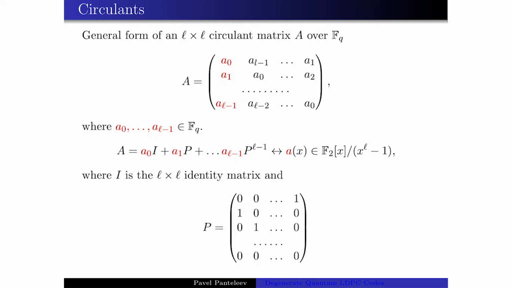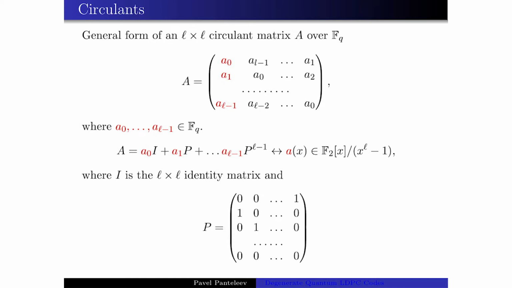So let us return to the case when we have just a cyclic group. In this case, what we have is called the ring of circulants, so just circulant matrices. And as probably you know, this ring of circulants is isomorphic to the ring of polynomials modulo x^n minus 1.